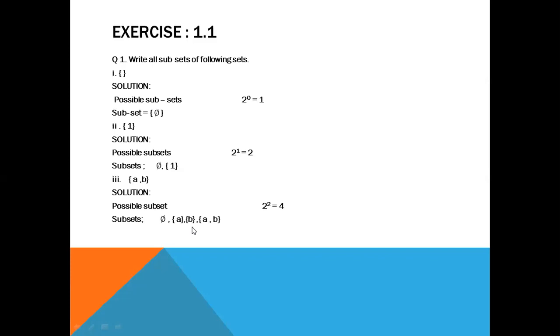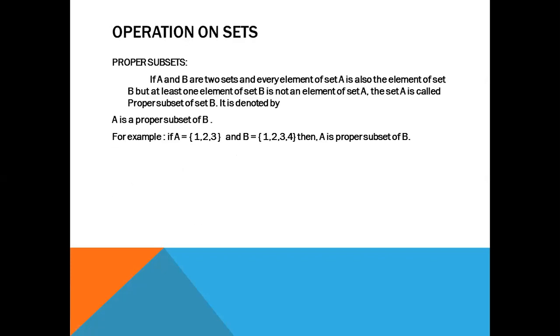Now we come to question 2. Write all proper subsets of the following sets. Before doing this, I again recall the definition of the proper subset. If A and B are two sets, and every element of set A is also an element of set B, but at least one element of set B is not an element of set A. See in the example directly, B is 1, 2, 3, 4.